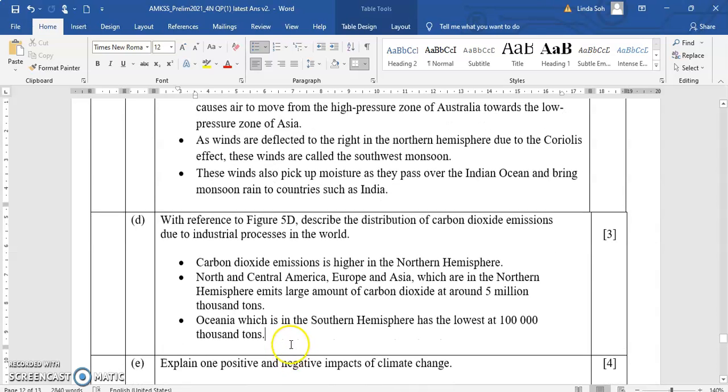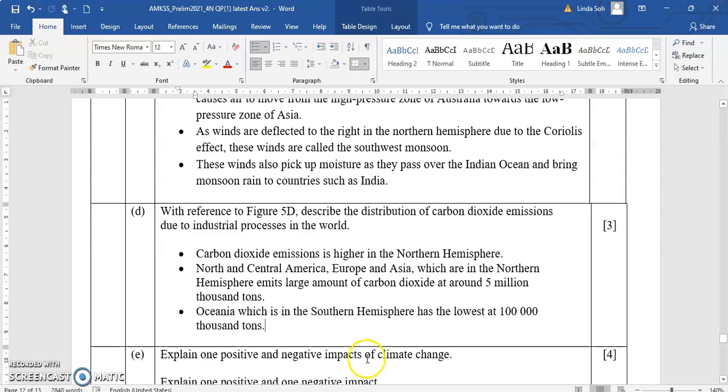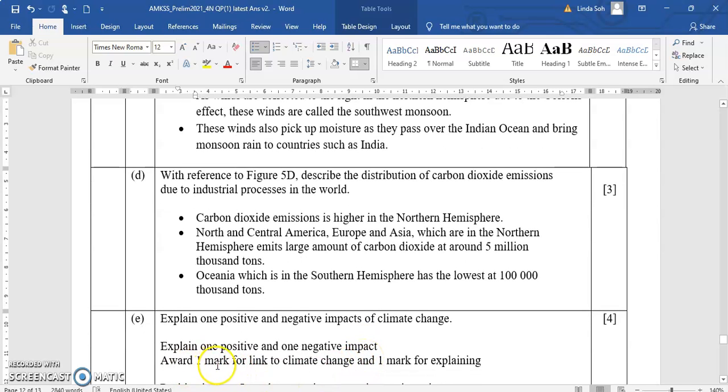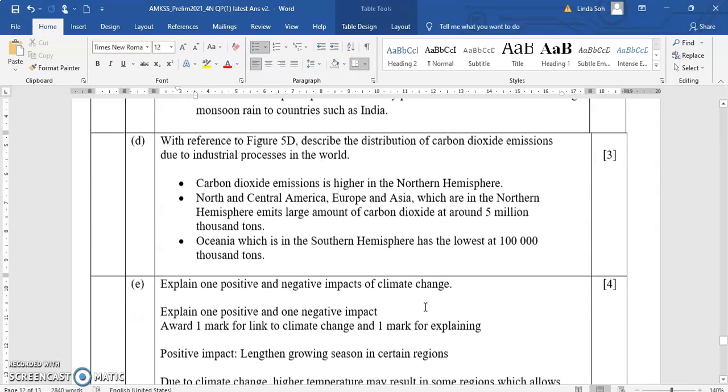Then next, explain one positive and one negative impact of climate change. We are quite generous in this, so you get 1 mark for the link to climate change and 1 mark for explaining. The textbook only has one positive impact of climate change, which is the lengthening of the growing season.